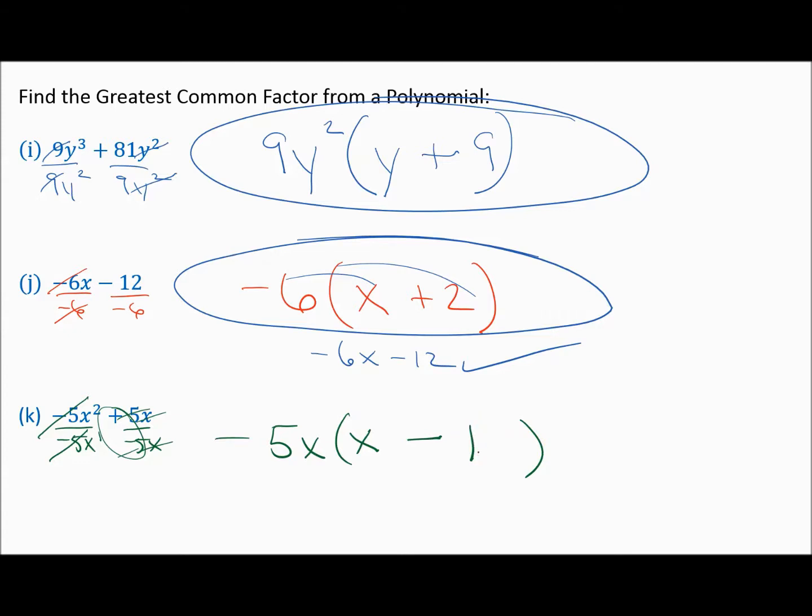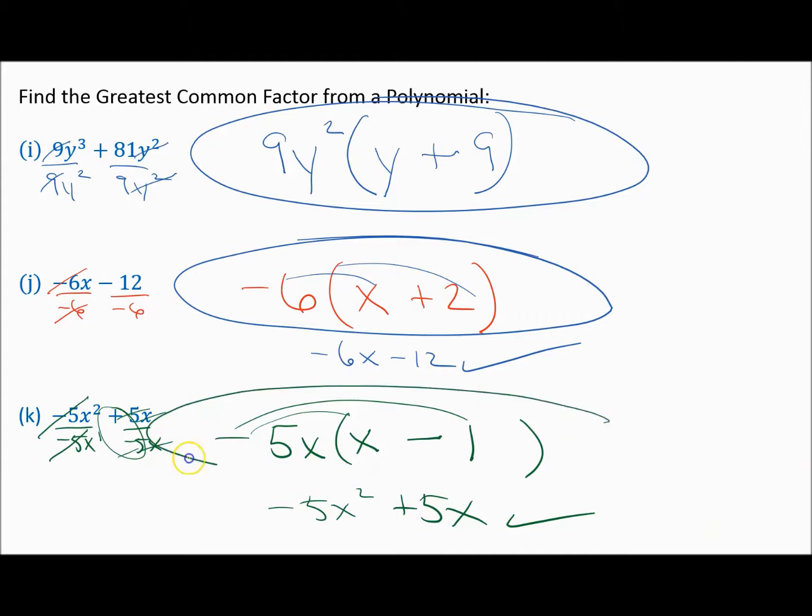And if you check that, you distribute negative 5x times x is negative 5x squared, and negative 5x times negative 1 will be plus 5x. So it checks out just fine. That was our original problem, which means that has a greatest common factor completely factored out.